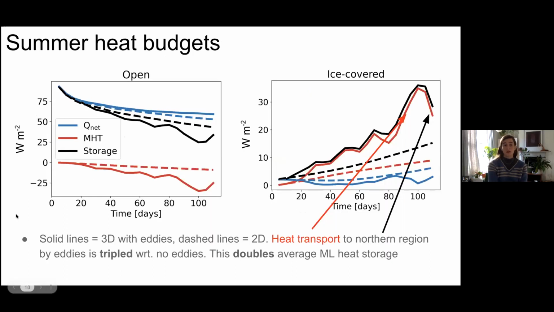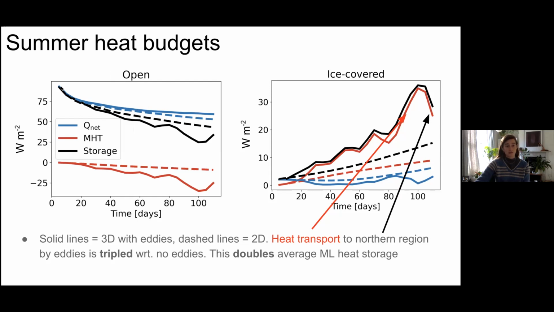So one thing I looked at was the heat budgets between open and ice covered ocean. I split the domain at the location of the original ice edge, and then looked at the heat budgets in these two regions. For the open ocean, the solid lines are the 3D model, whereas the dashed lines are the 2D model.